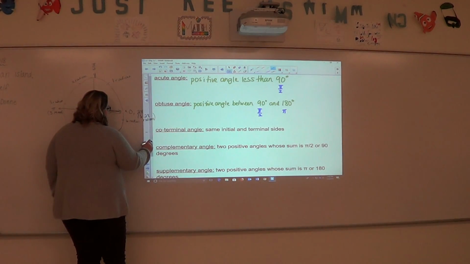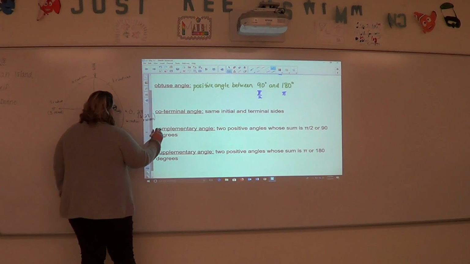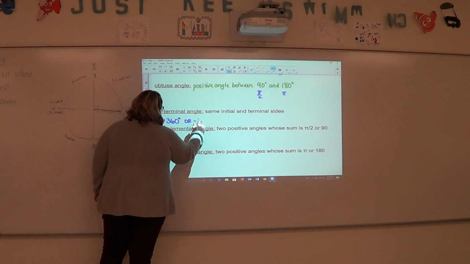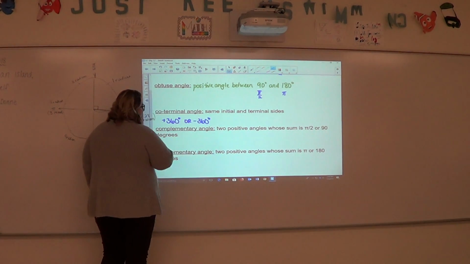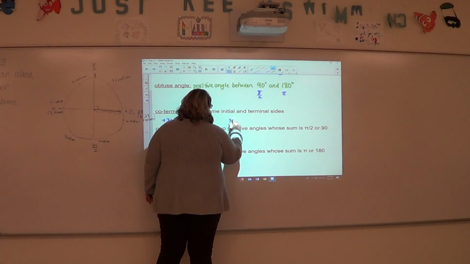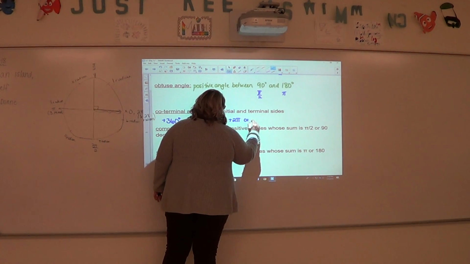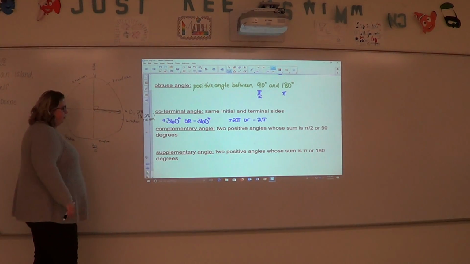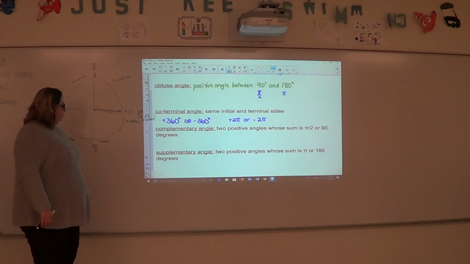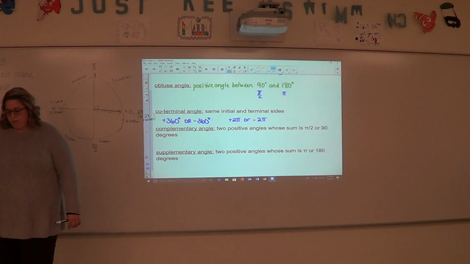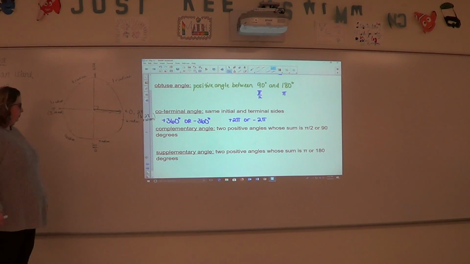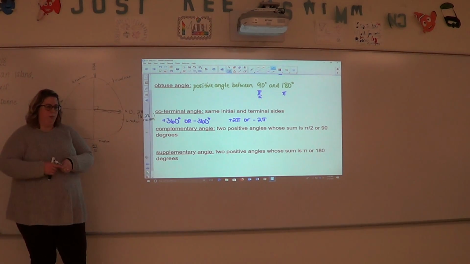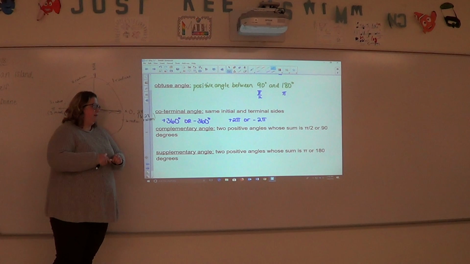So when you're thinking of coterminal angles, you would either add 360 degrees or subtract 360 degrees. And if that's in radians, you would add 2 pi or subtract 2 pi. I think this will make more sense when we actually do a problem like it. Just trying to make sure you know definitions right now.